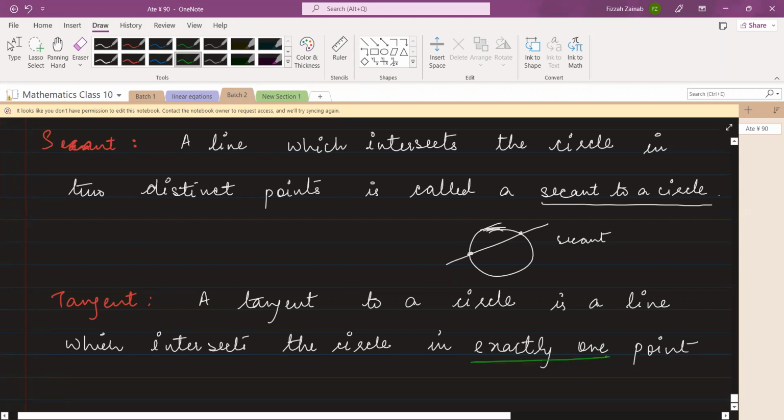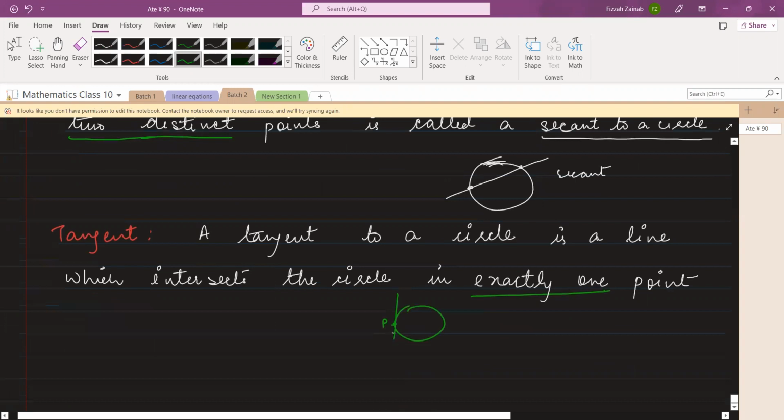So exactly one, right? Two distinct points, they are different from each other. So you have a circle and then choose any point, and this is a point P. So this will be called a tangent.